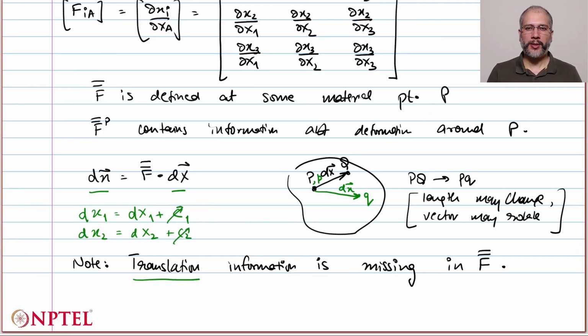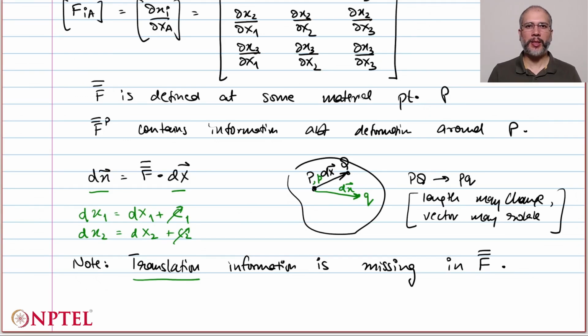And we have constructed this capital F, rightly so, because it's called a deformation gradient tensor. We are not interested in how the body moves as a whole. We're interested in what is happening to the body in terms of it changing its shape or orientation. So that is the reason we get rid of the translation information by not looking at the position vectors, but looking at derivatives of that, that is, by looking at what's happening in the neighborhood of material point P.